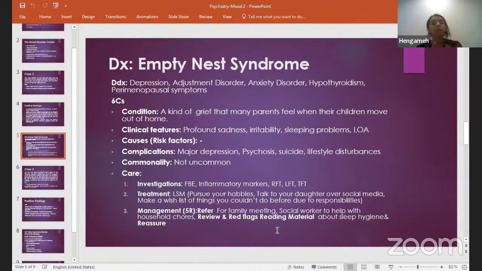In this case, there's also difficulty coping, but the loneliness and the loss of identity make the scale heavier. There's no clear-cut differentiation.